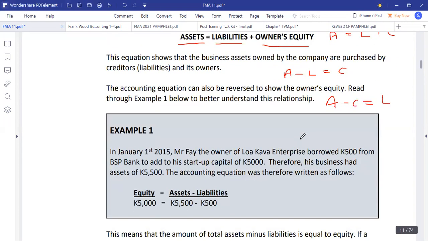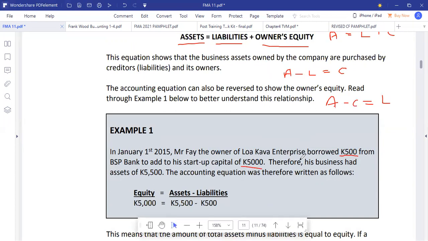So to fortify that, in this example, we are told that Mr. Fay is the owner of the company. He borrowed 500 from the bank to add up his startup capital of 5,000. Therefore, his business had a total of 5,500. So using the accounting equation, we're going to say equity, which is capital, is equal to assets minus liabilities.